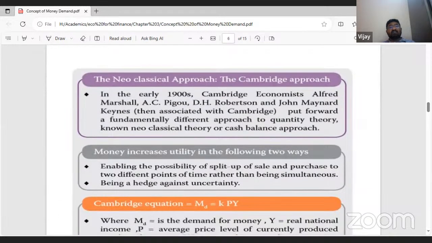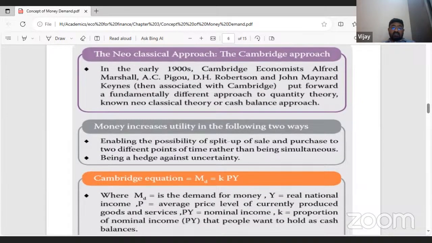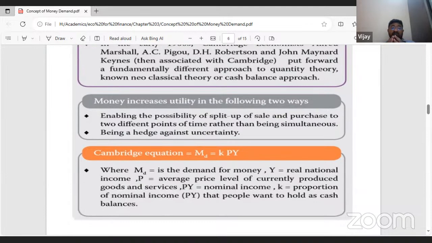Then the neoclassical approach, which is also called the Cambridge approach. Here, sir, I will not use the entire money for transaction purpose. Only a portion of money will be used for transaction purpose. What will be that portion?